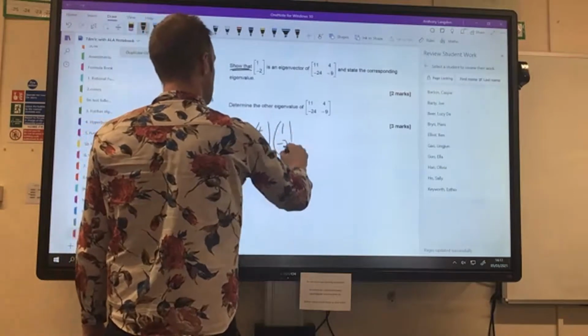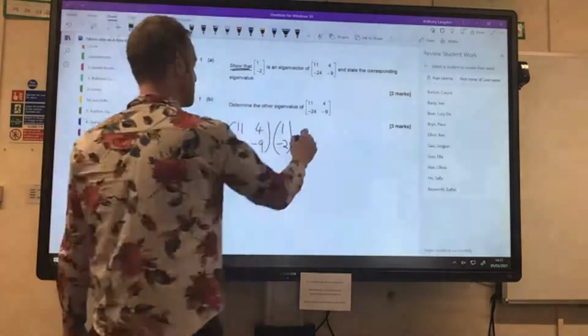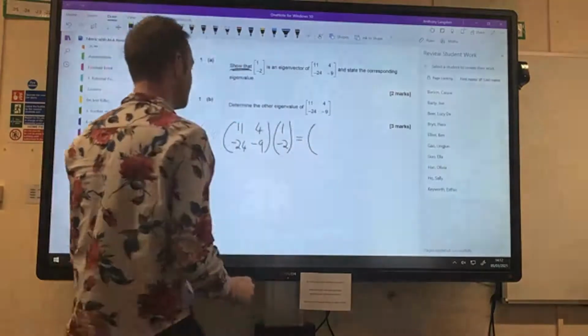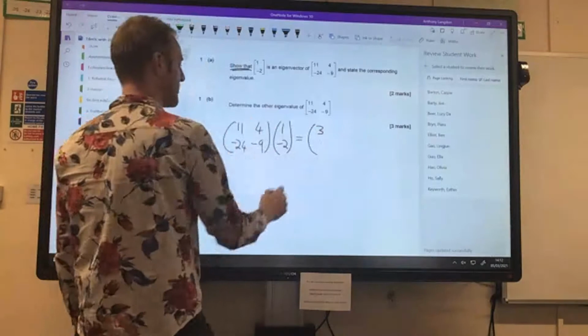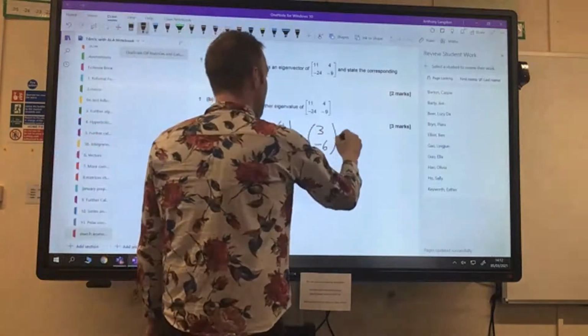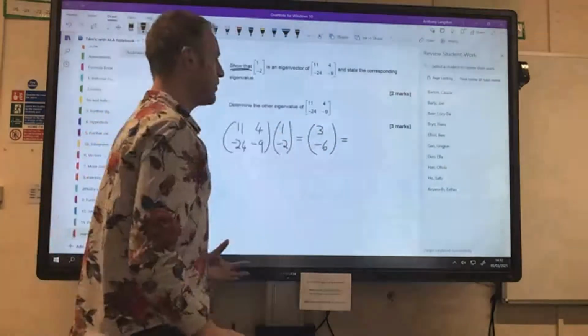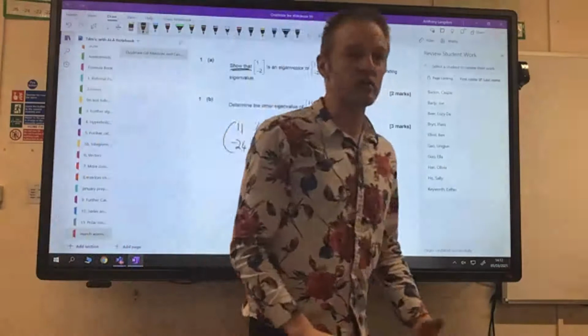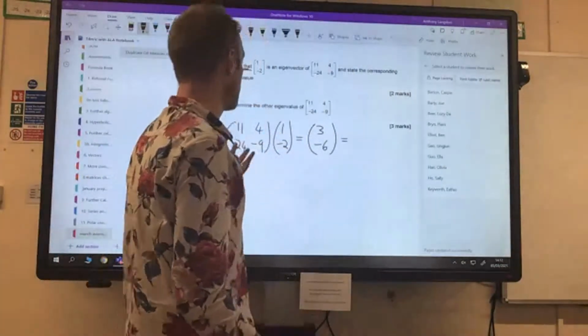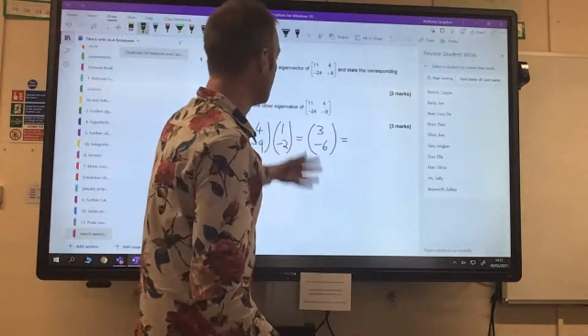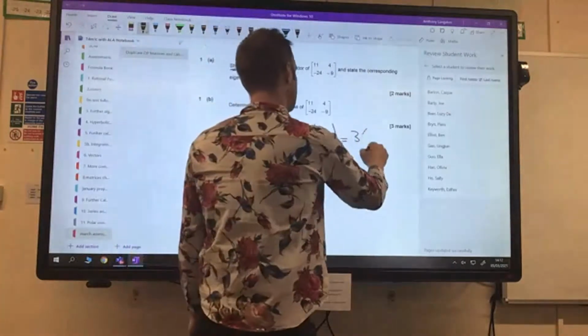So if you're showing that something is an eigenvector, you don't actually need to derive it. All you need to do is show that you understand what an eigenvector is. So if you take the vector 1, minus 2 and pre-multiply by that matrix, you get 11 minus 8, you get 3 on the top, you get minus 24 plus 8, you get minus 6. Now, hopefully you all know what an eigenvector is. It's the vector that means when you apply the matrix to it, you get a multiple of the original vector.